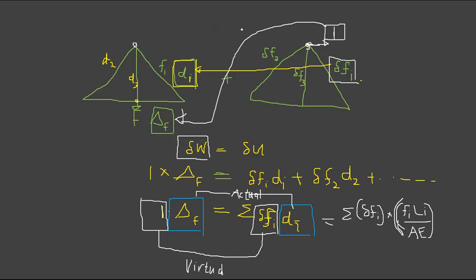So that's it, and we will discuss an example. So let's take an example like this. This length is 5 AE.